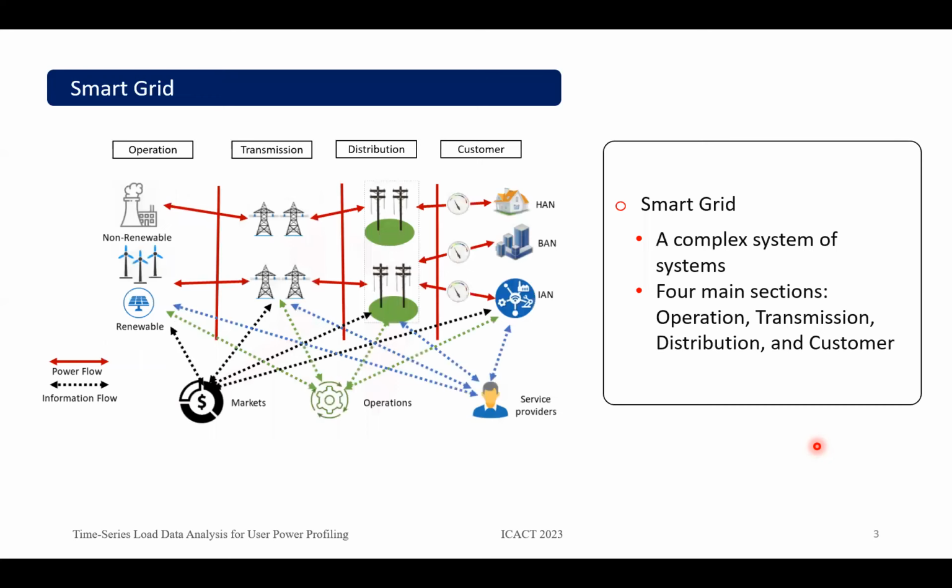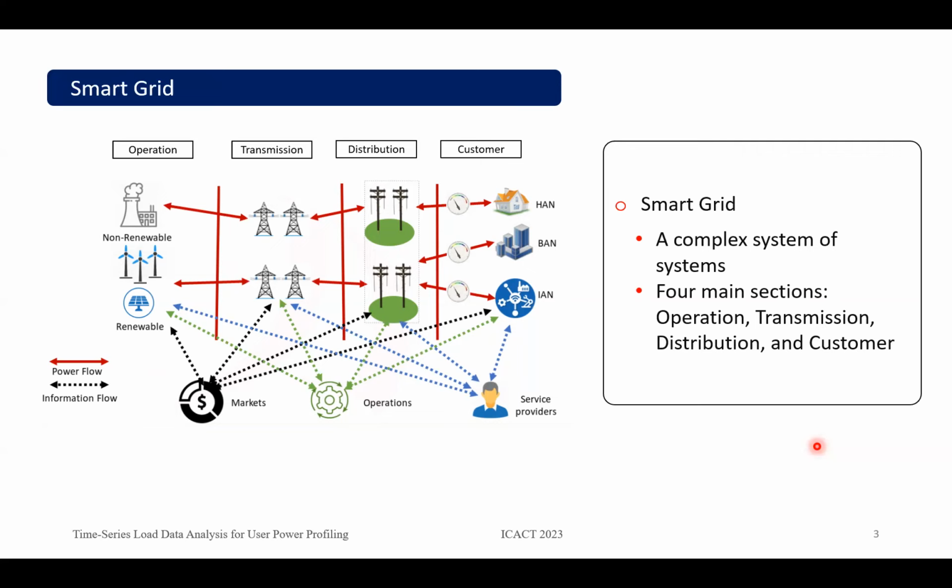Okay, a smart grid. A smart grid is a complex system of systems. By default, a smart grid has 7 different parts, namely operation, power transmission, distribution, and customer, and also 3 more entities: service providers, operators, and marketing.